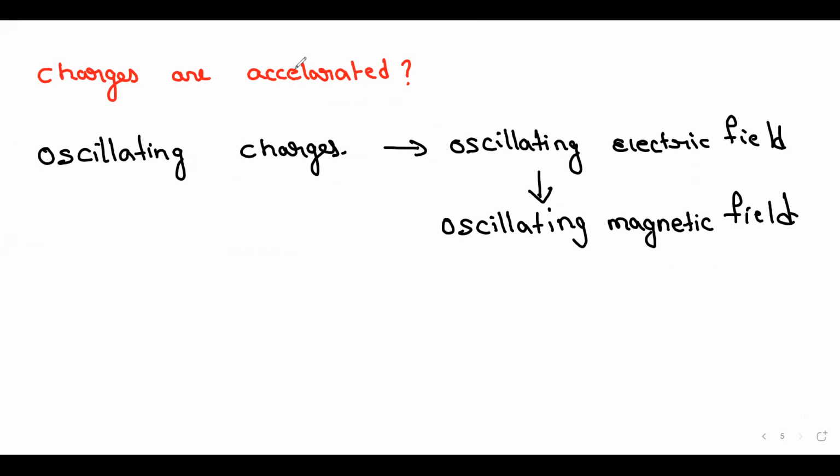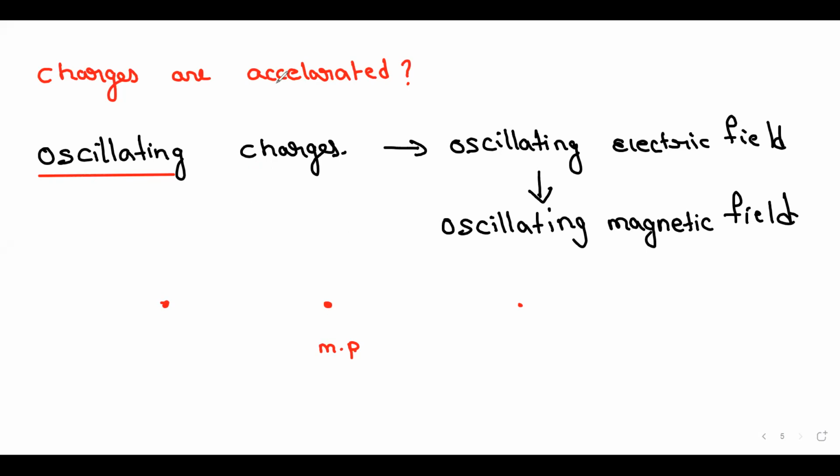So simply I'll try to define what is oscillating. See, this spotlight is a charge. This is a point which I will call the mean position.